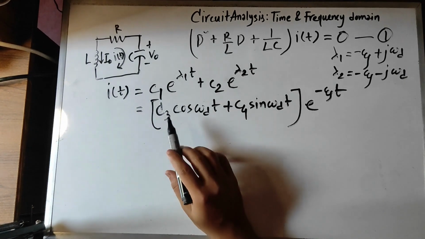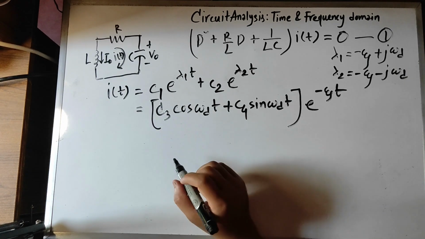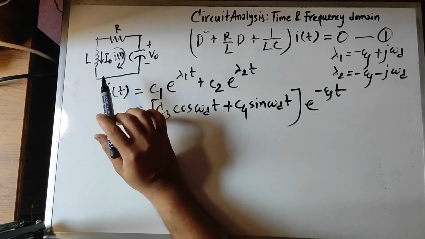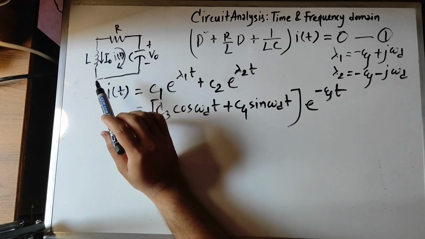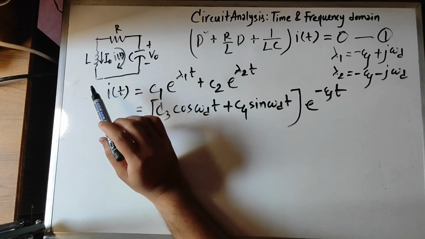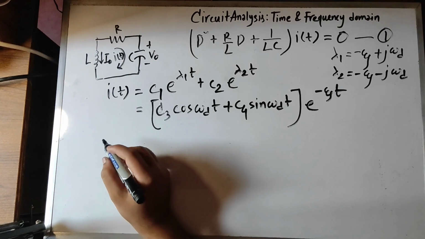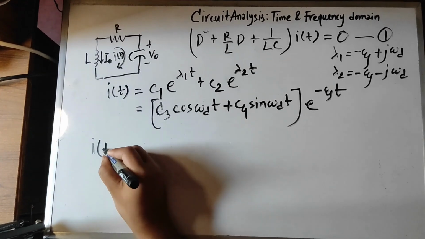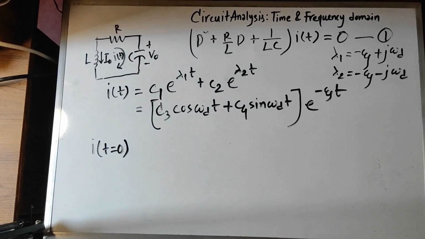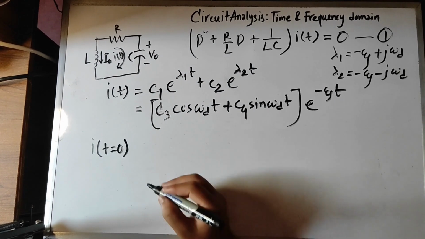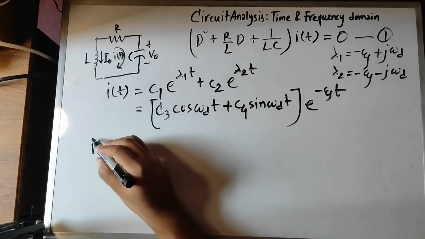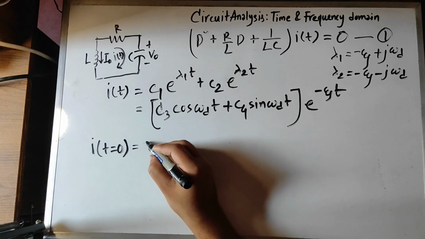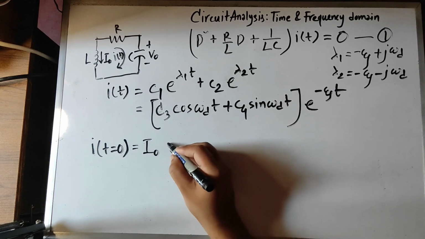Now we want to find the arbitrary constants. We have assumed that the initial current through the inductor is IO. So at t equals 0, the initial loop current i(0) is IO.